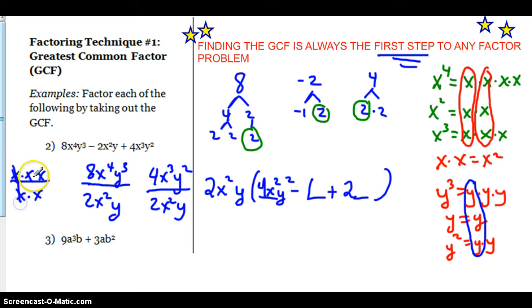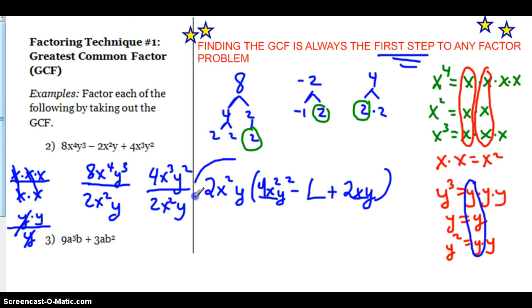So these x's would cancel and we'd be left with x. And last, we have y squared divided by y, which would end up with y. So we multiply to check. 2 times 2 is 4. x times x squared would be x cubed, and y times y is y squared.